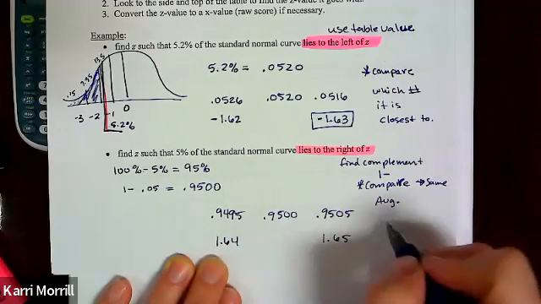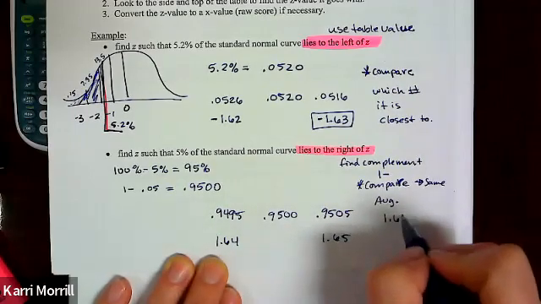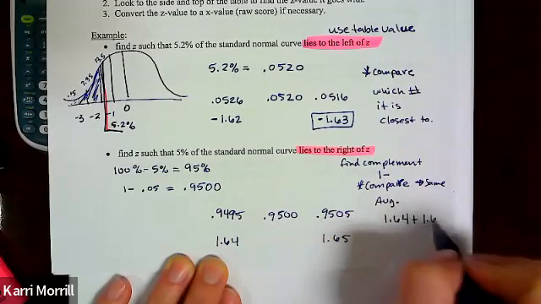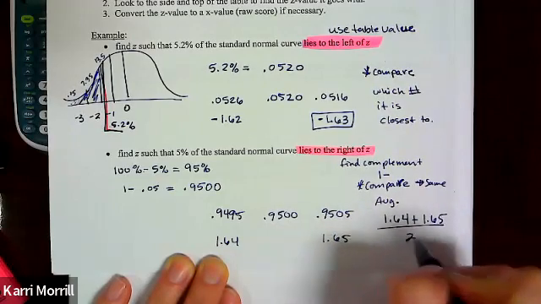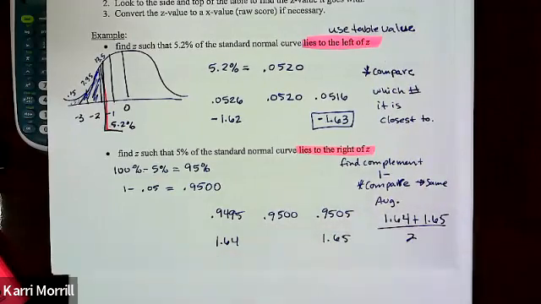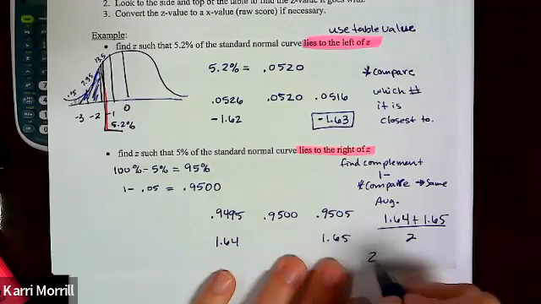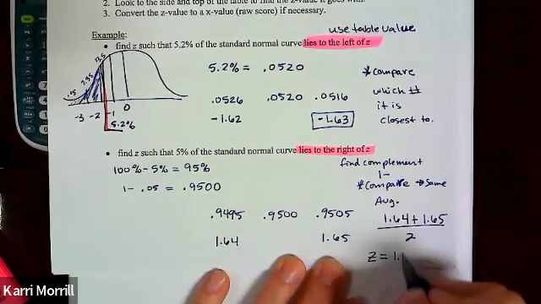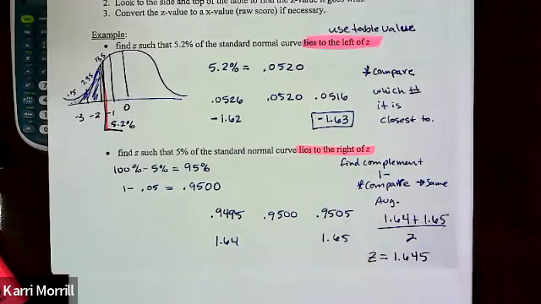So we average out 1.64 plus 1.65 and divide it by 2. So we average out the z-score. And so that z-score would be 1.645. So you do end up getting a 3-digit z-score if you ever have to average them.